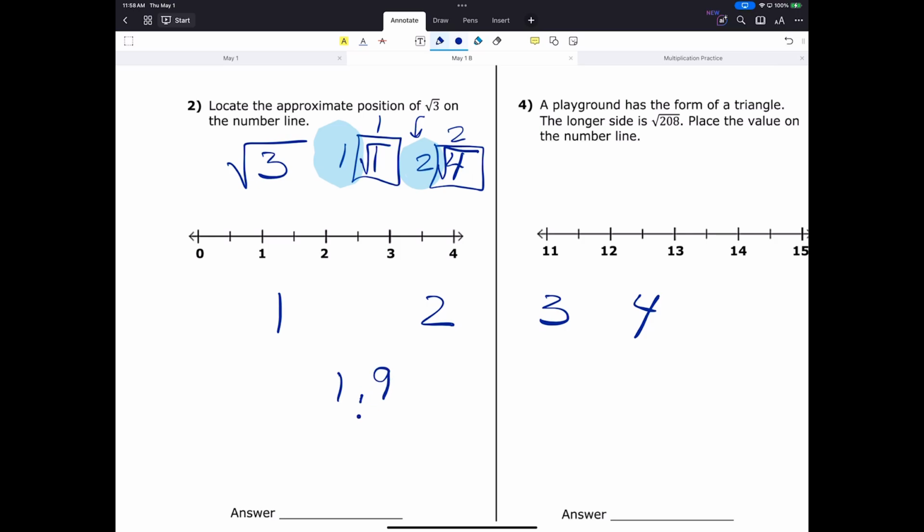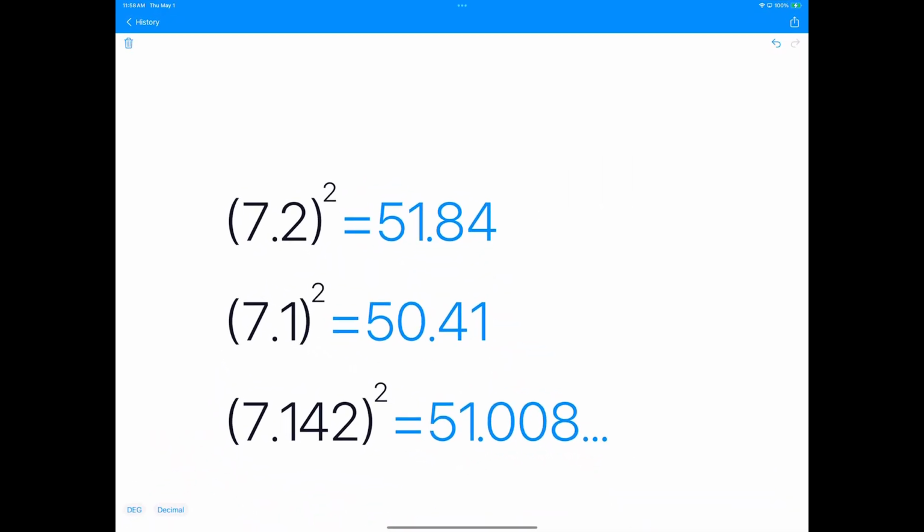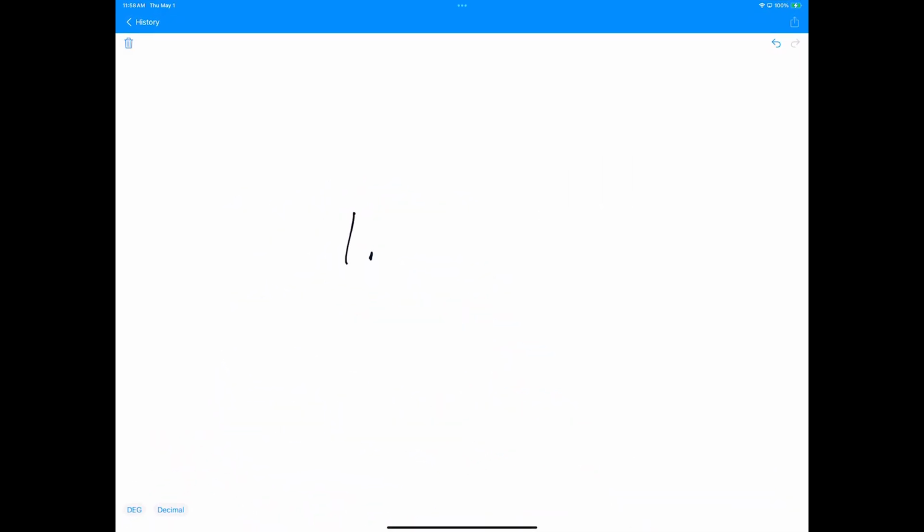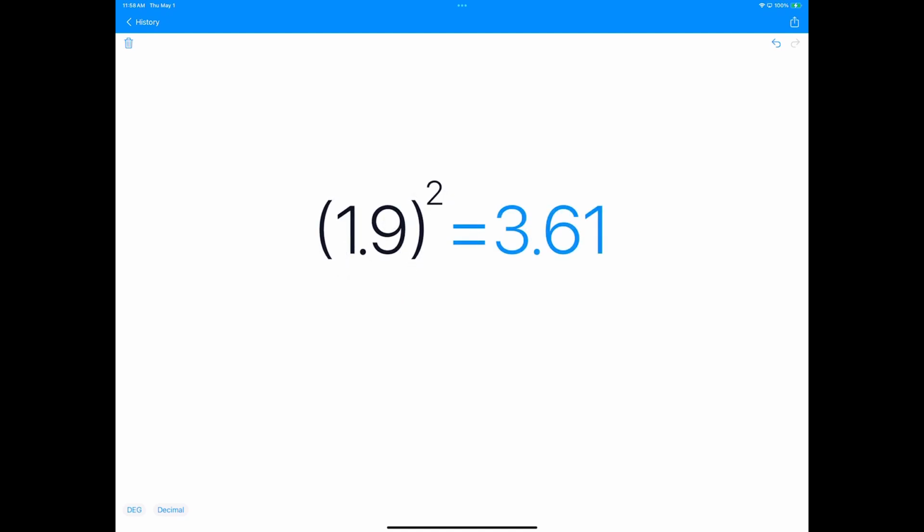1.9 squared is closer, I would imagine, to 3 than 1.1 squared would be. And we use a calculator just for brevity. So here we have 1.9 squared, and that's 3.61. 1.1 squared gives me 1.21.